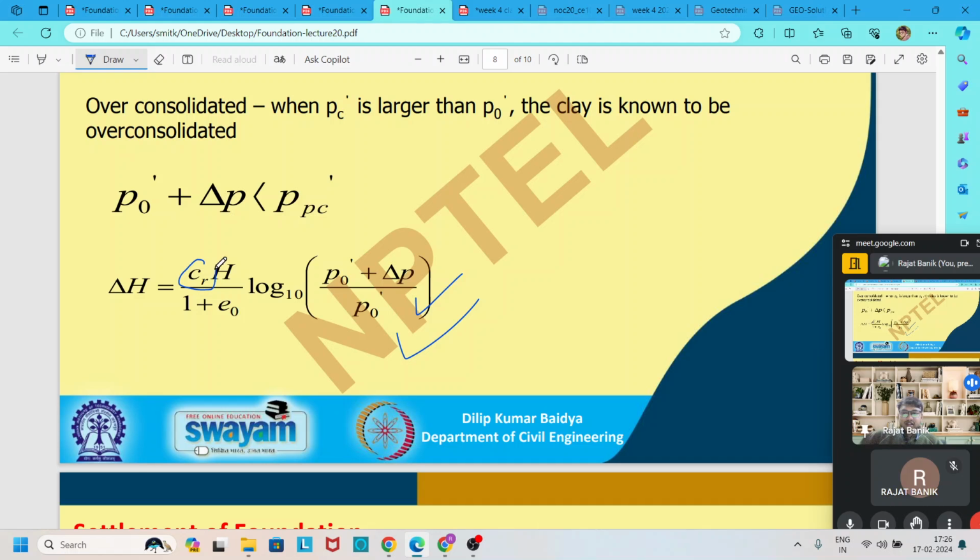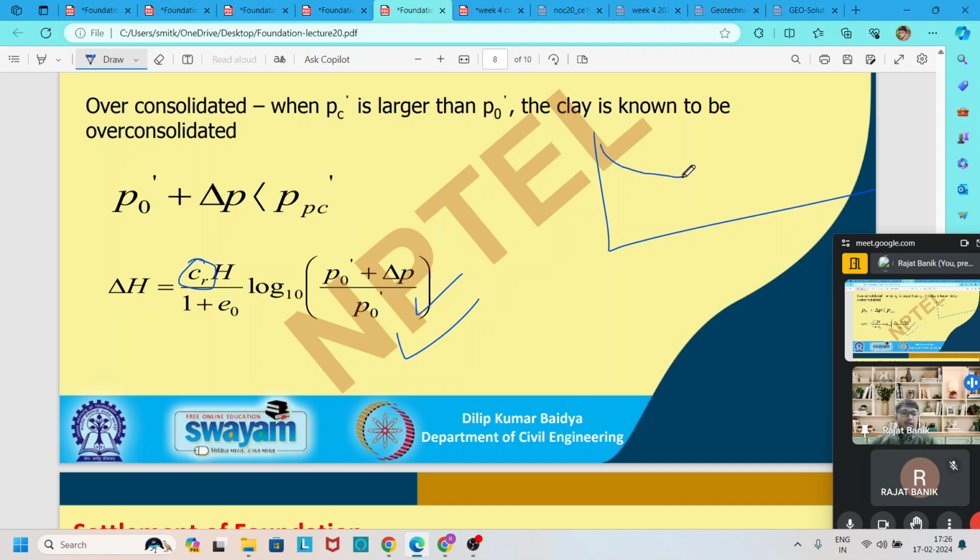here Cr is the recompression index. Recompression index means if we unload, the curve, if you remember in our consolidation chapters, we come about like this. We consolidate our clay.